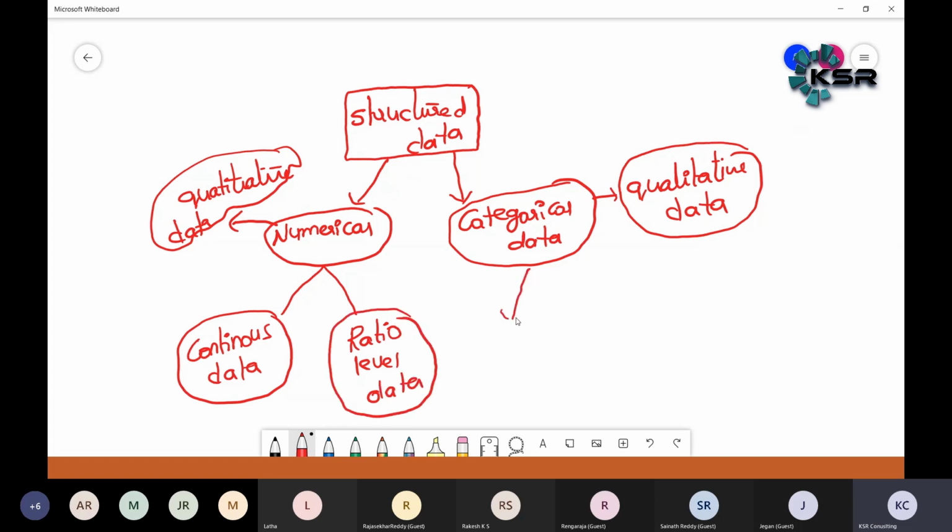Whereas the categorical data is all about nominal data, and second is ordinal data. When you're dealing with this, it is a must to understand what data you are going to deal with. It is a must understood by everyone.